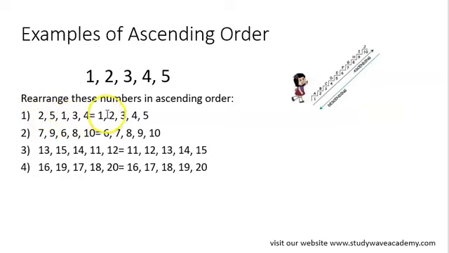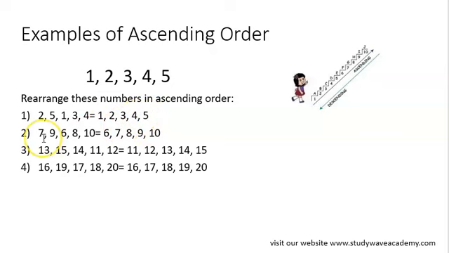Then the next smallest is 2, then 3, then 4, then 5. Very good. So we write 1, 2, 3, 4, 5. We arranged the numbers from the smallest to the biggest. 1 was the smallest and the biggest was 5.